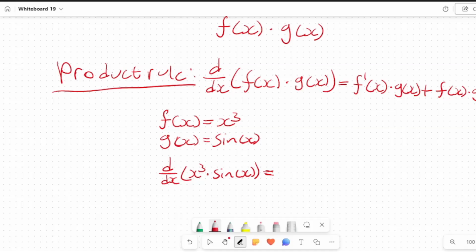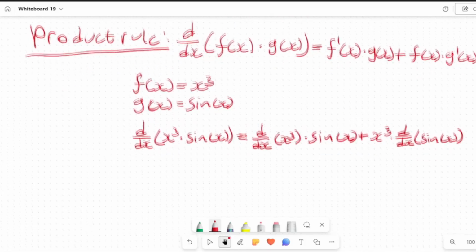So we want the derivative of x cubed times g of x, which is sine of x, and we add that on with f of x, which is x cubed, times the derivative of sine of x.